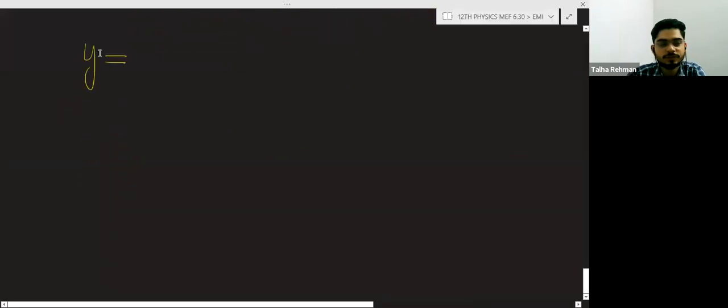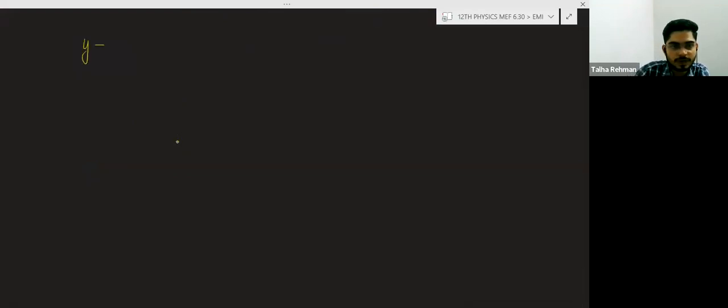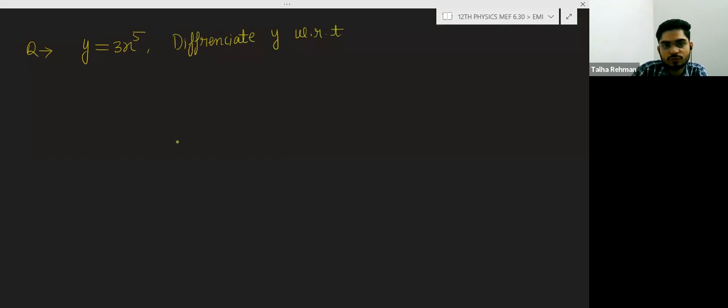Suppose this is the function y is equal to 3x to the power 5. Here it is written, this is the question, differentiate y with respect to x.